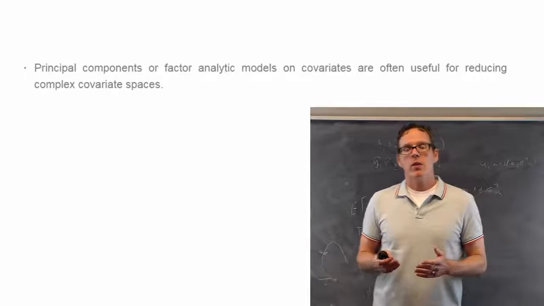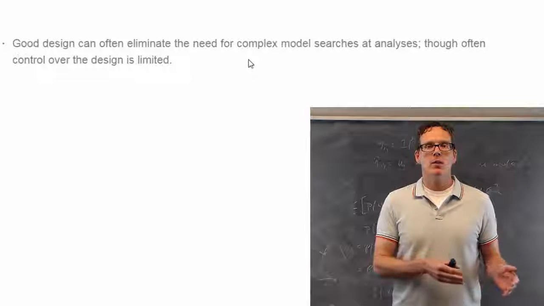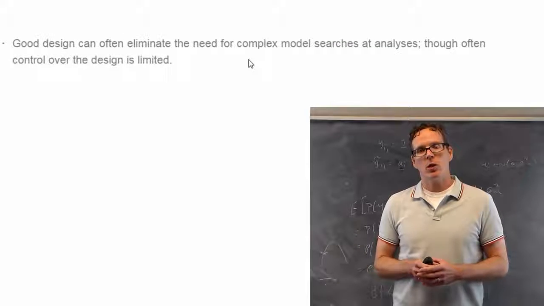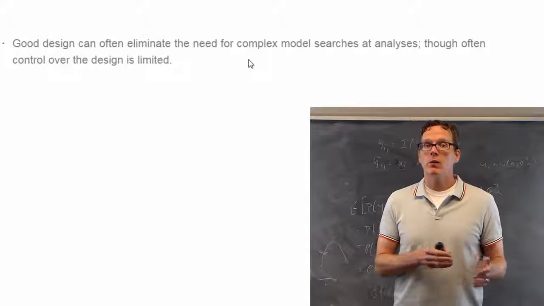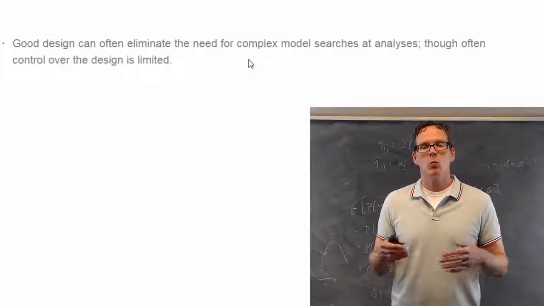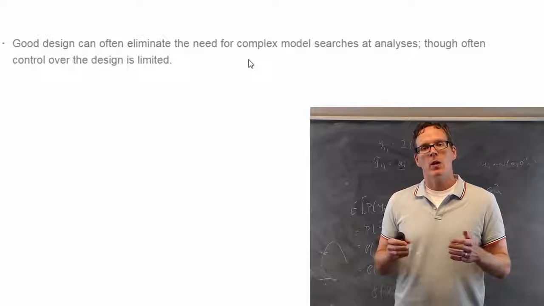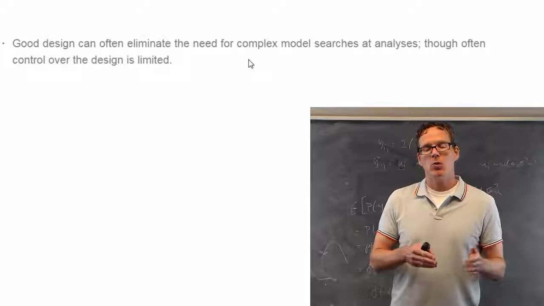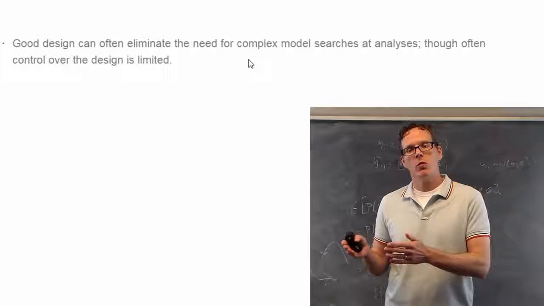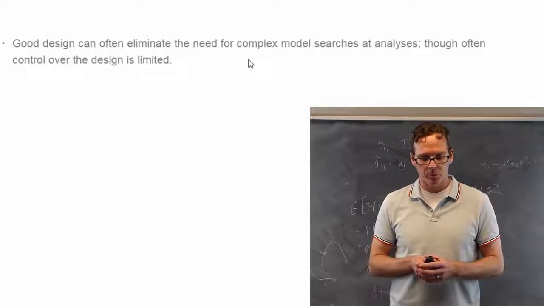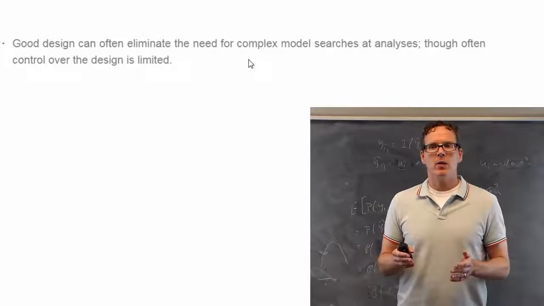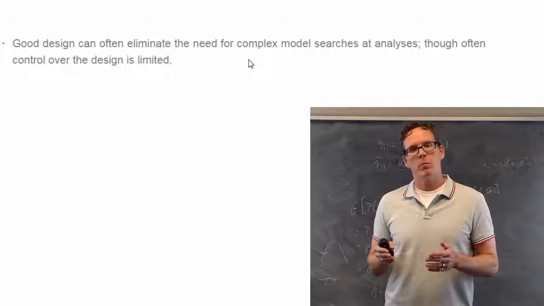Another thing I would mention is that good design can often eliminate the need for a lot of this model discussion. We've talked a lot about how randomization can really prevent a lot of the problems that we're talking about with making our variable of interest unrelated to nuisance variables that we're not interested in or nuisance variables that we don't even know about. However, there are other aspects of design that can serve the same purpose.